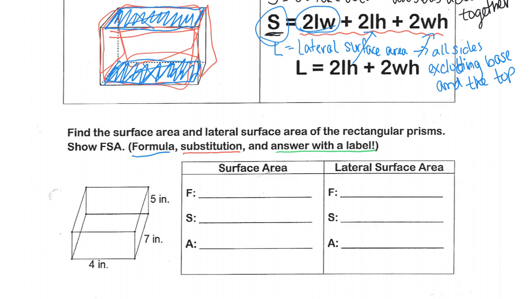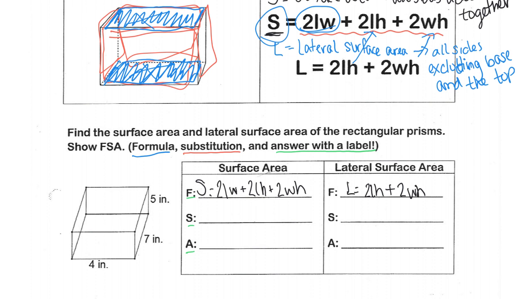So instead of writing 1, 2, 3, we just write FSA. Let's start off by writing our formulas for surface and lateral area. Do that now.